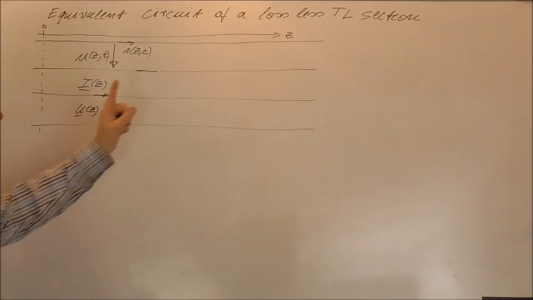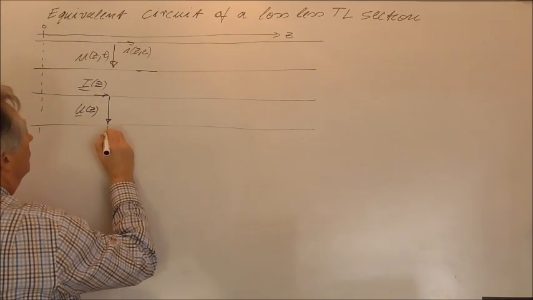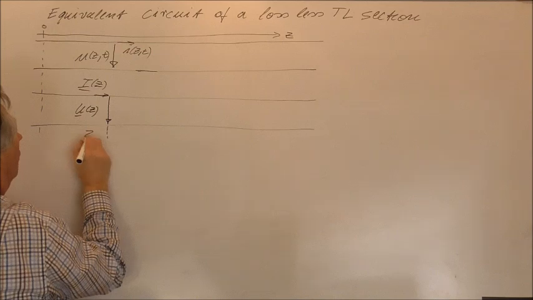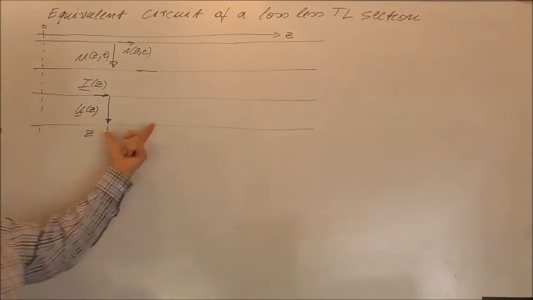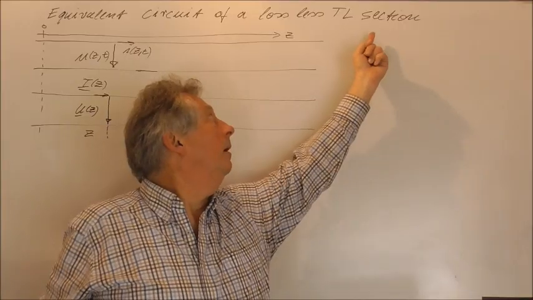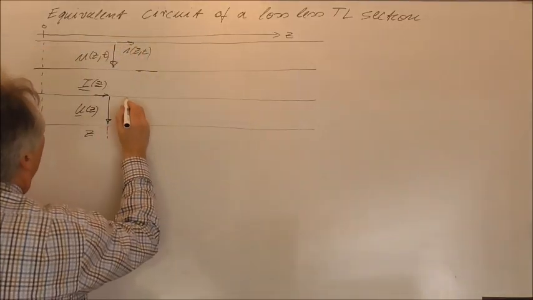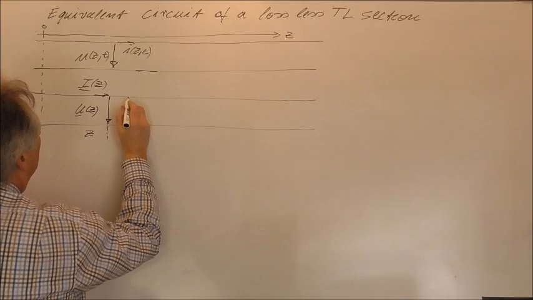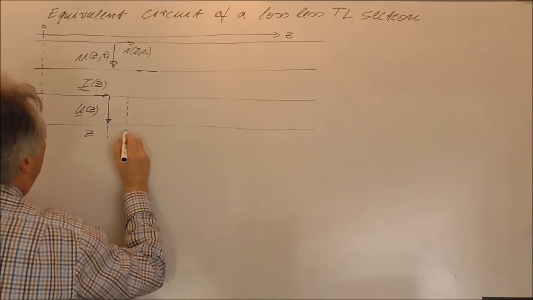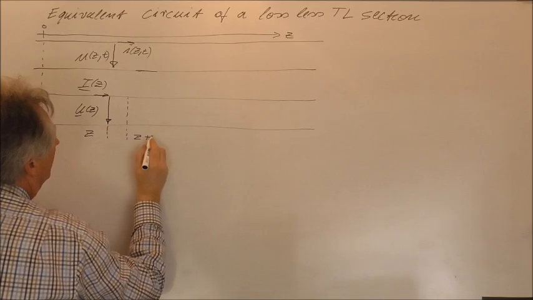What I now want to assume is that we have here a certain coordinate z, and we discuss now the influence of a section of this transmission line. I assume here now that we have the coordinate z plus delta z.